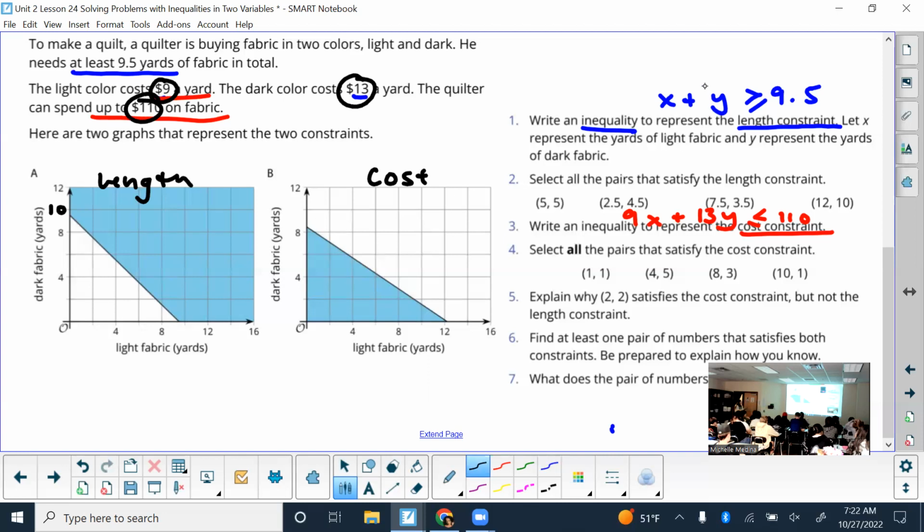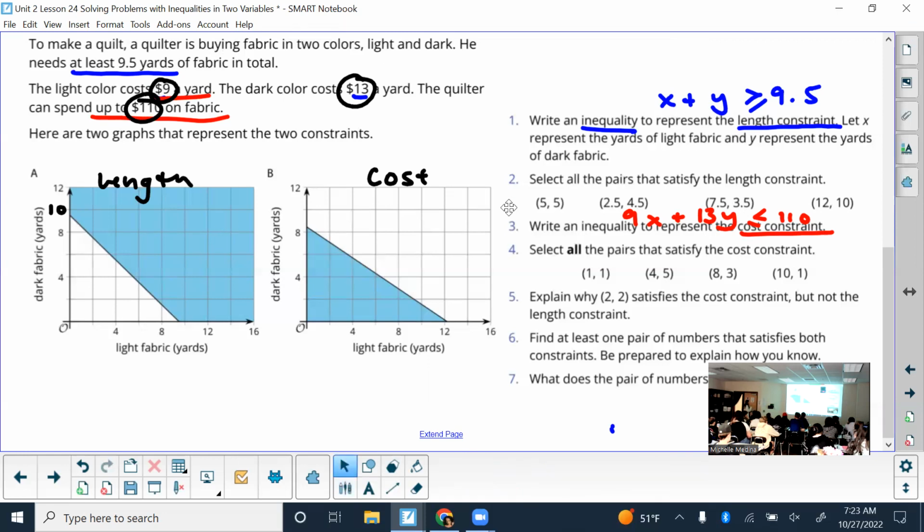And then 90% of the time, the other inequality is something super simple like X plus Y. It just depends what you made your variable. For us, X was yards of light fabric, Y was yards of dark fabric. So for the one for the dollar amount, you multiply by the cost, that gives you how much you spent. Make sense? All right, just recapping what we discussed yesterday.